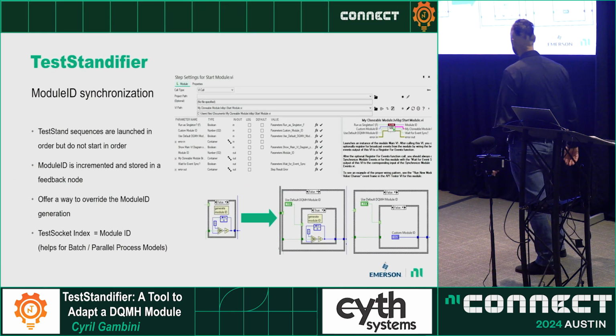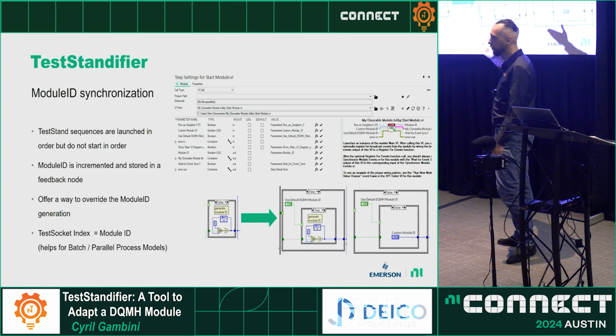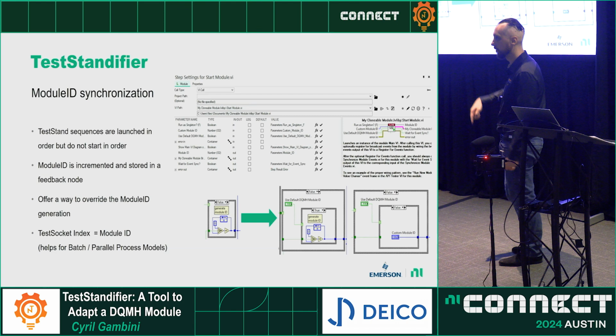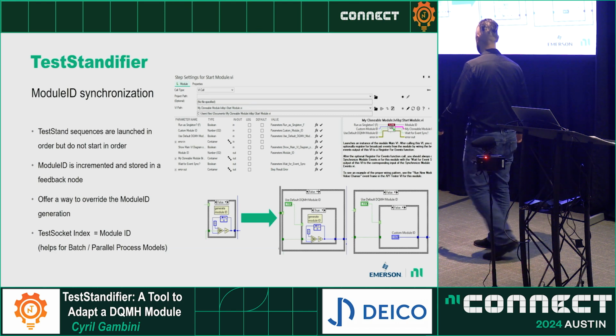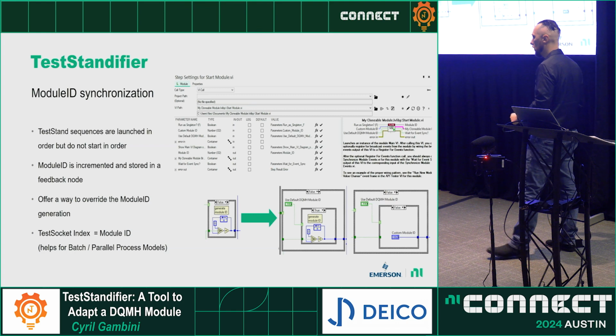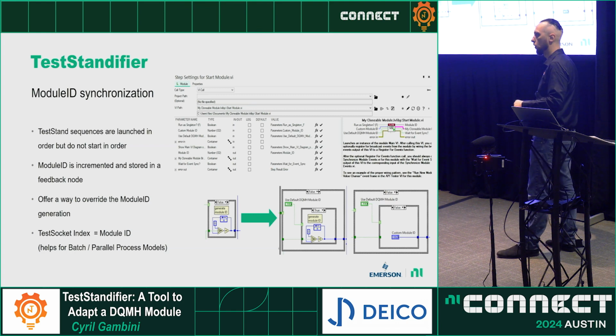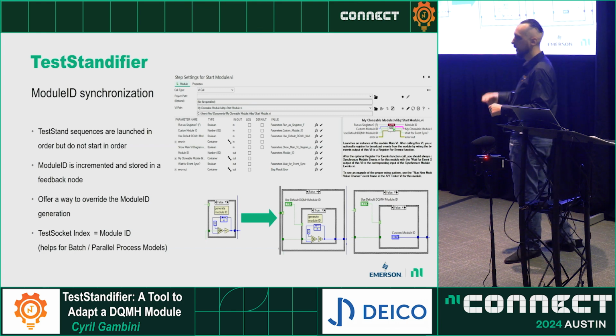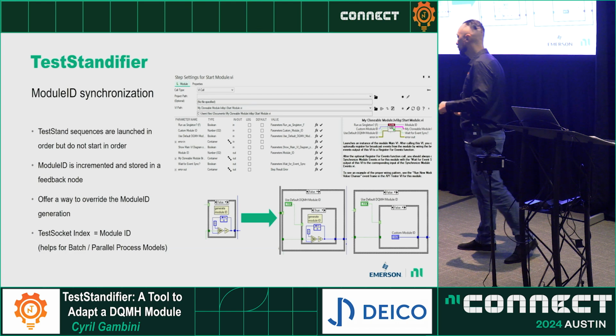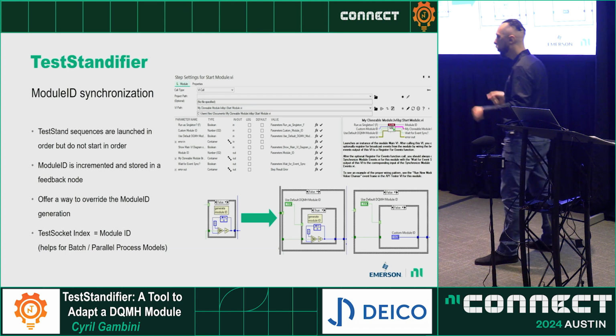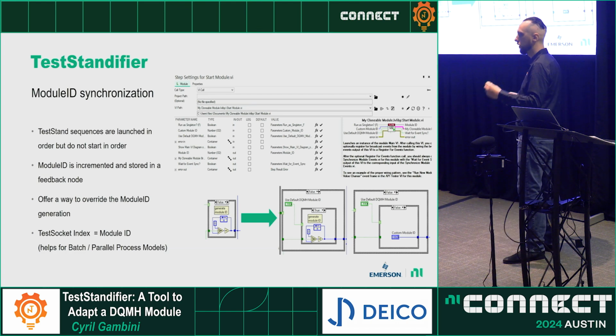And we can enforce from TestStand to actually use the default module ID that the module will generate, or you can force it from TestStand. And if you force it from TestStand, now you can set your test socket index to be the module ID of your clonable module. This way, the module ID of your clonable module will always be linked to your test socket index.